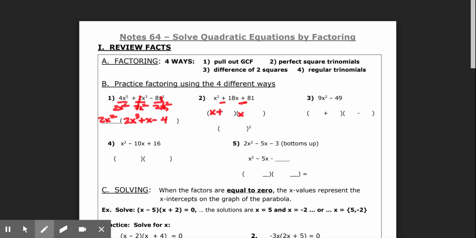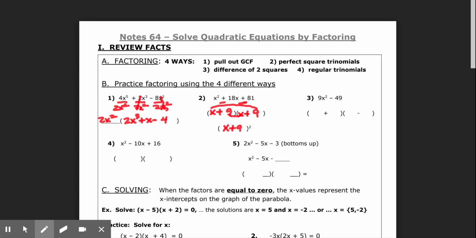So this would be a plus, and then the square root of 81 is 9. When you check it by doing the FOIL method, the outside is 9x, the inside is 9x, which adds up to the middle term of 18x. Now then, since we have the same thing, we can simplify it even more. So this would be x plus 9 quantity squared.